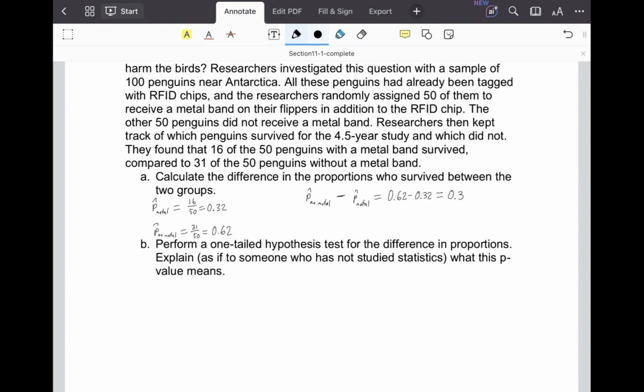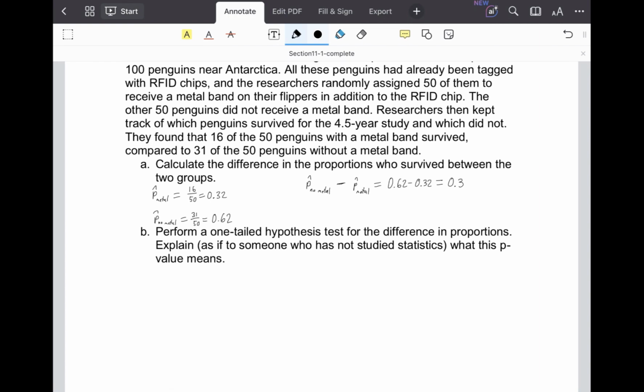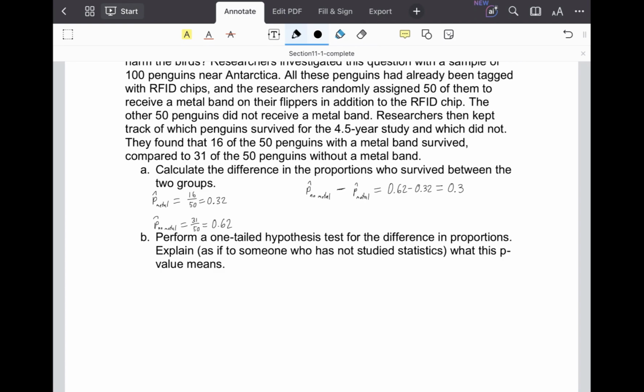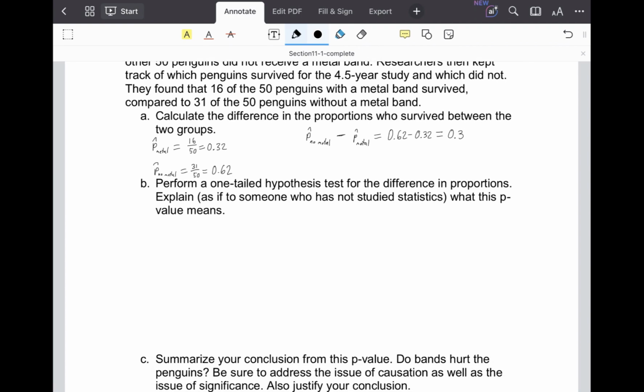The size of the sample should be all right. And then the last condition, there's lots of penguins, so just 100 in comparison. So we'll just assume the conditions are met. It says to perform it either way, so we'll just go through with it.